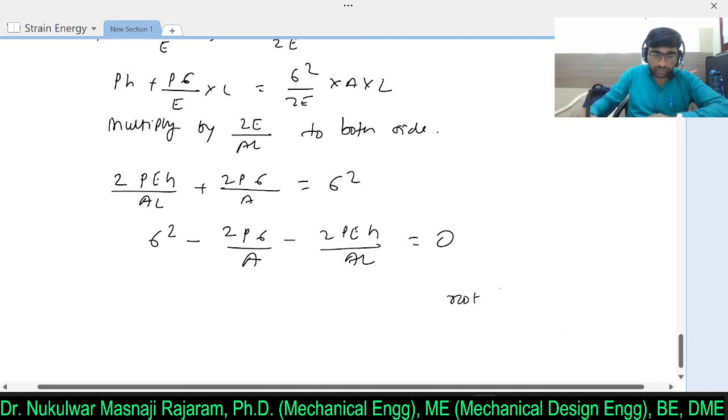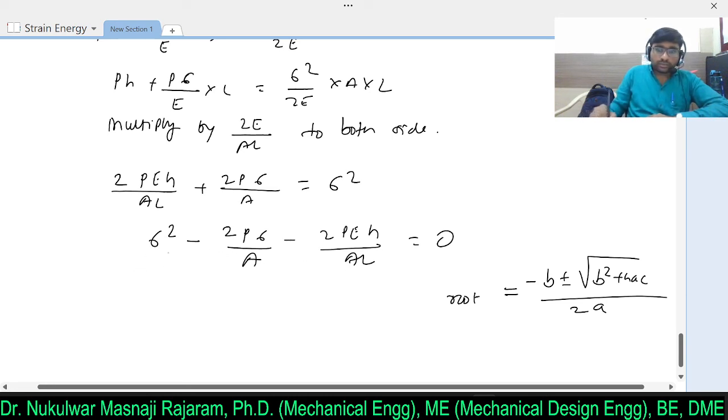that is, the root we can evaluate, it will be equal to minus b plus or minus under root of b square minus 4ac, divided by 2a. Value of a is 1 over here. Value of b, so I can write sigma equal to 2P divided by A, so that is b, it's minus 2P, but here minus is there, so I will write positive 2P plus or minus under root of (2P divided by A) whole square, that is b square.